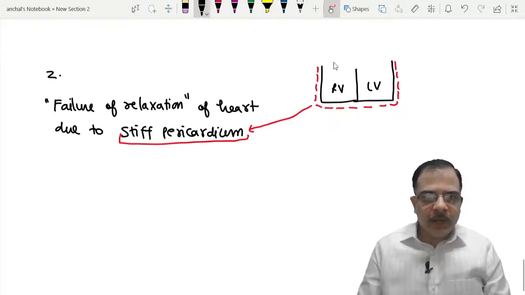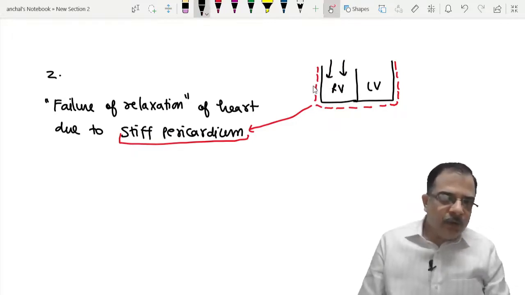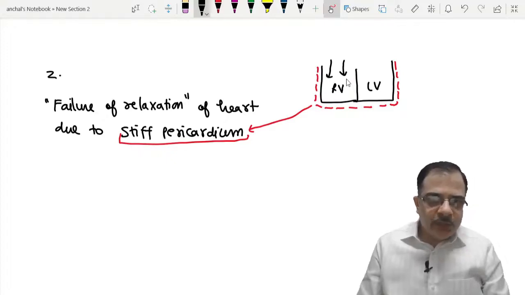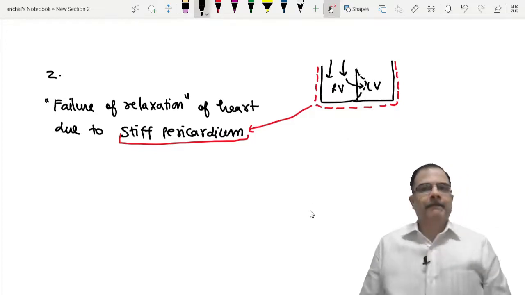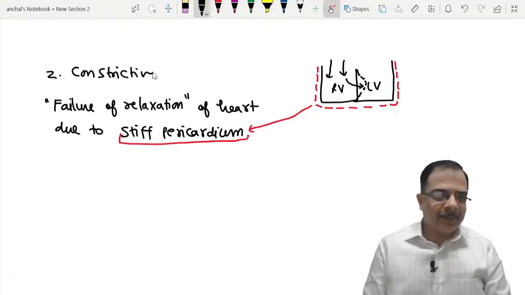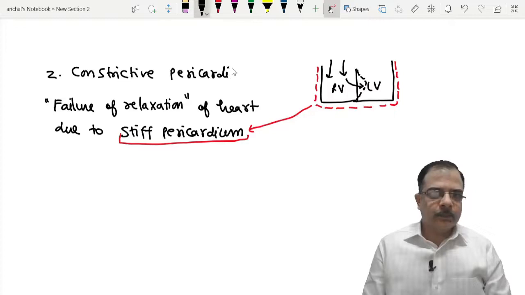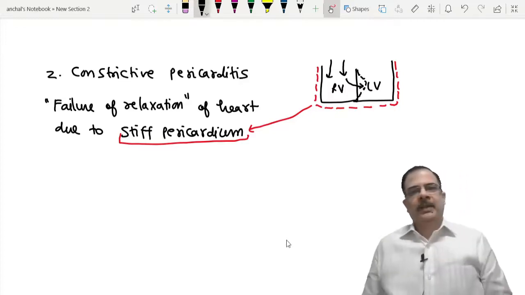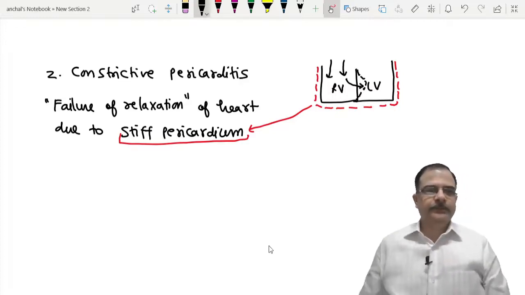The extra blood which is coming here, the right ventricle wall will not be able to dilate. So this extra blood will cause a septal bulge into the left ventricle like this. Constrictive pericarditis. Very nice. So this is a case of constrictive pericarditis.